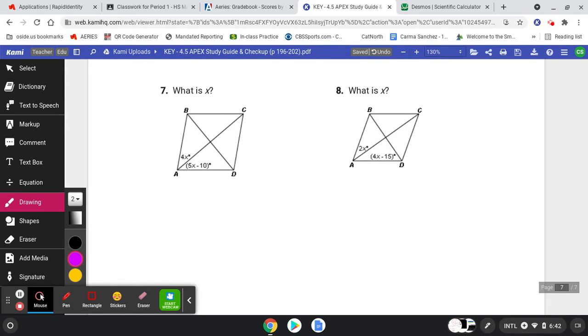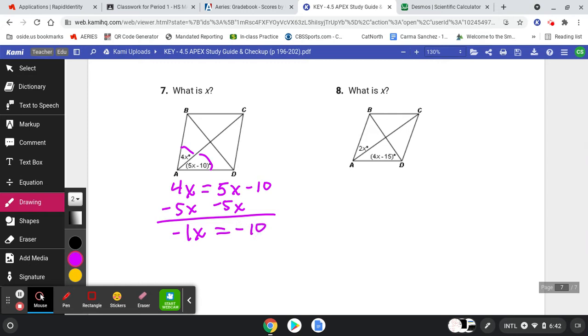Okay. Next, we know that on this one, these two interior angles are bisected, which means they're equal. So go ahead and just set these equal to each other. Move the x's over to collect to one side. And we get that x is equal to 10.